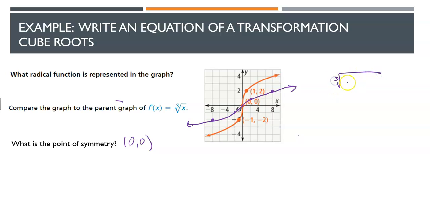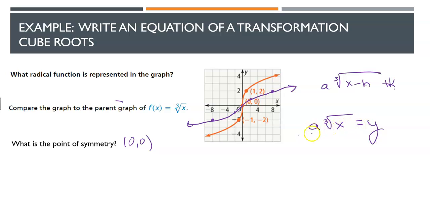So when I look at this, this is 0 and this is 0. So I'm left with, I'm multiplying that function by something. How do I find that something? We did this a long time ago with quadratics, and you probably did it with linear a couple years ago.